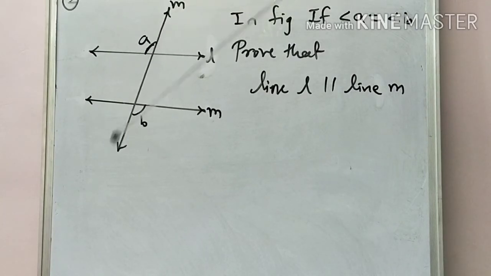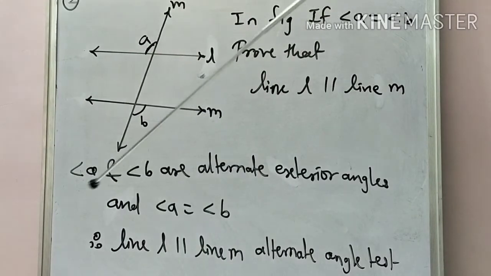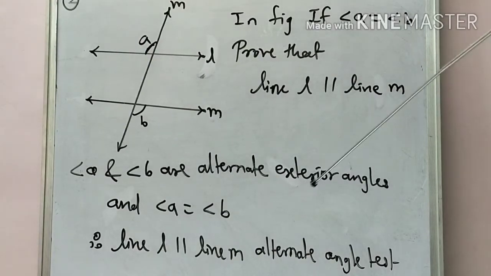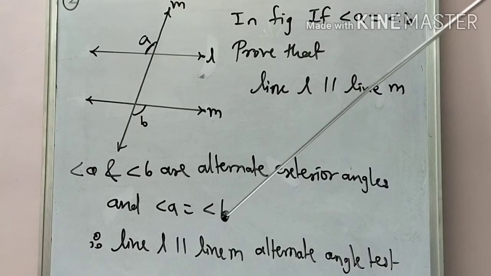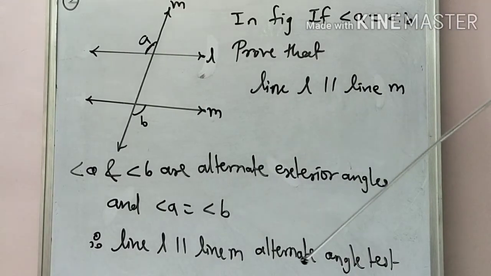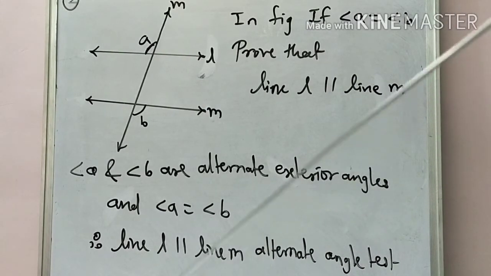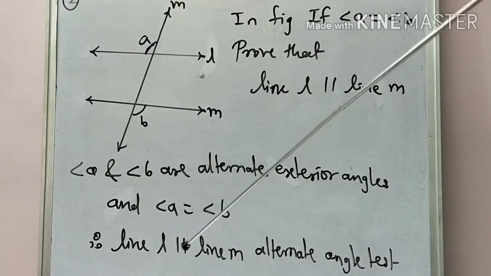Alternate exterior angles, and if alternate angles are congruent, then the lines are parallel. So like this you prove it. Like this, angle A and angle B are alternate exterior angles, and it is given that angle A equals angle B, and according to the alternate angle test, the lines are parallel to each other.